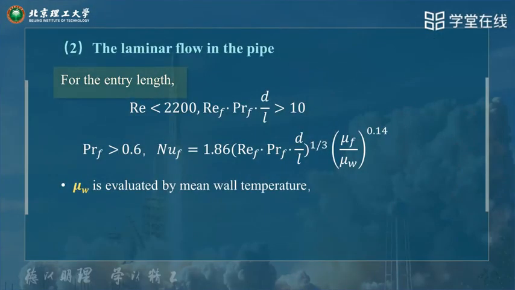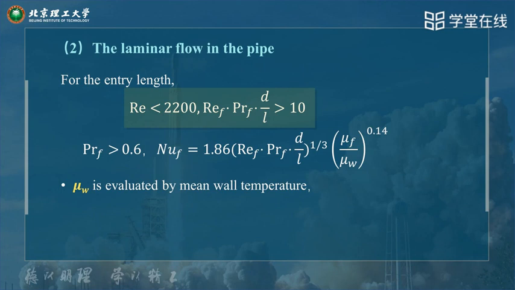For the entry length, very close to the inlet, Reynolds number is smaller than 2,200. Also, Reynolds number times Prandtl number times D over L is larger than 10.